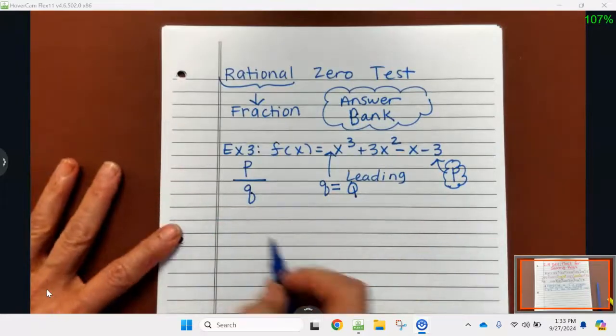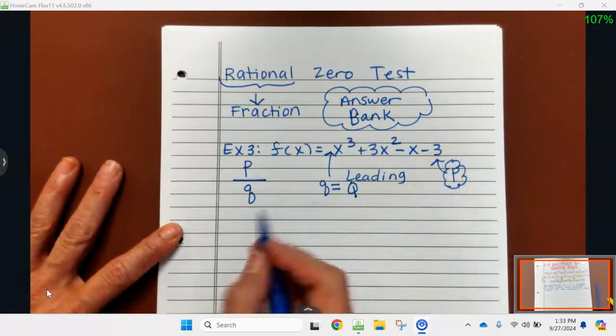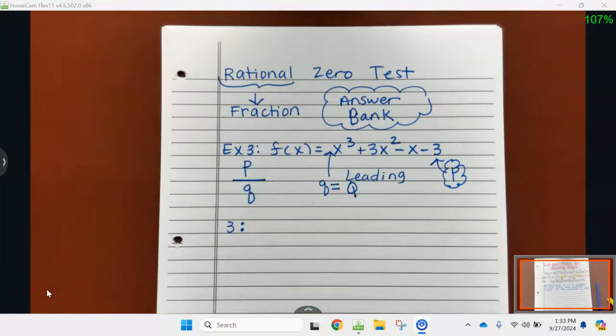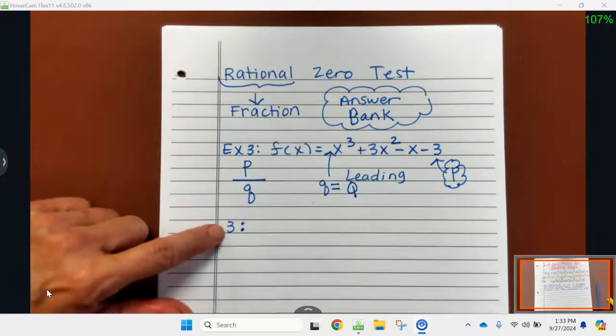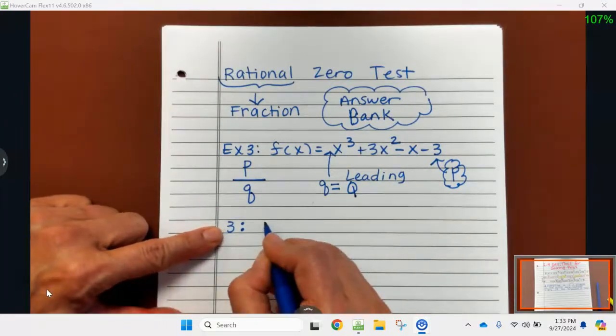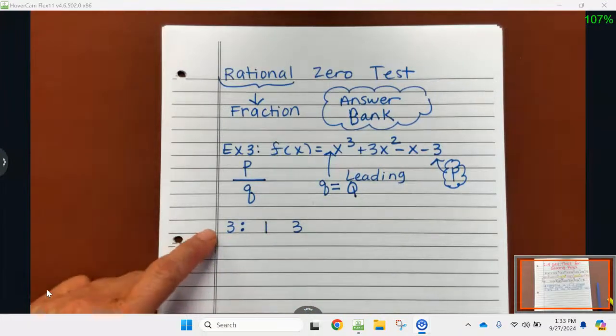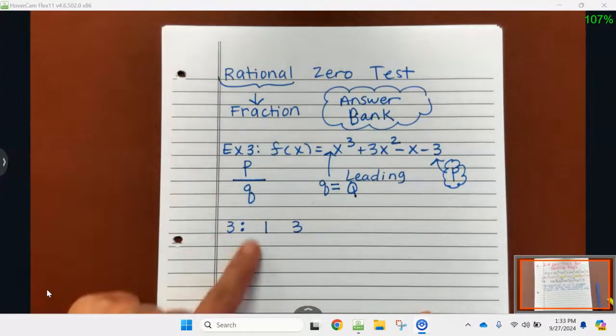Here's what I'm talking about. Let's examine this number, 3. We have to list all the possible factors that can be multiplied to make a 3. And 3 is prime, so it's just 1 and 3. 1 times 3 makes 3. That's it. I left a space here on purpose, by the way.